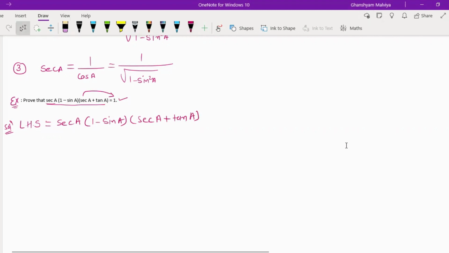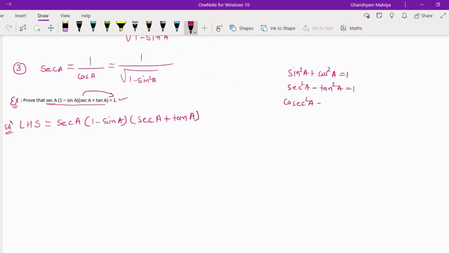Advaita, you should always remember these formulas. All these three formulas: sin square A plus cos square A equal to 1, the first identity. The second one is sec square A minus tan square A equal to 1. And the third one is cosec square A minus cot square A equal to 1.